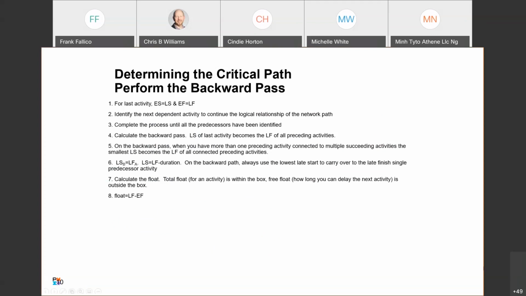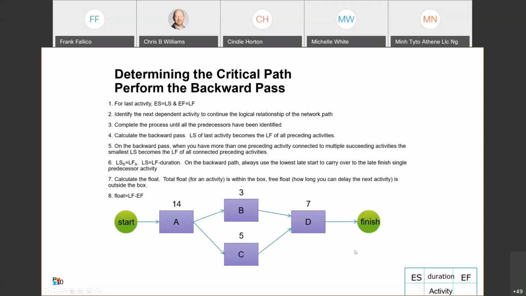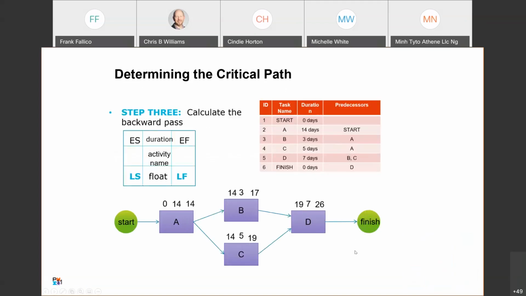So we're going to go ahead and start there with step 5. Let's get our path back in here. So here we are now. We've completed that forward pass. We're going to bring our early finish down to be the late finish for task D, right?